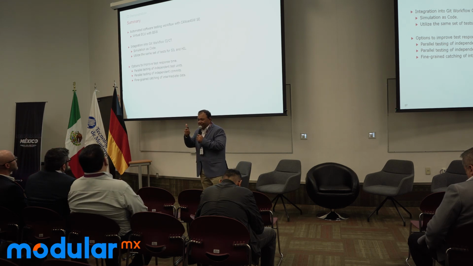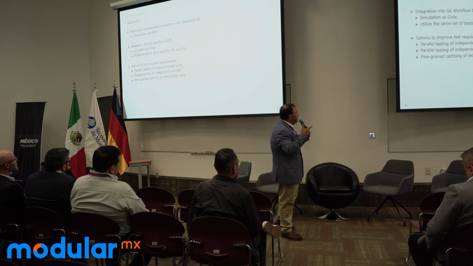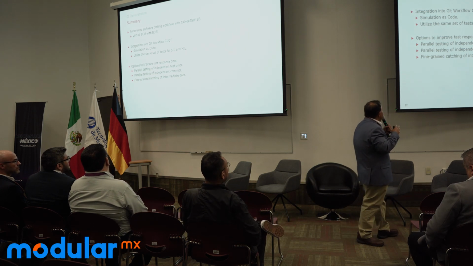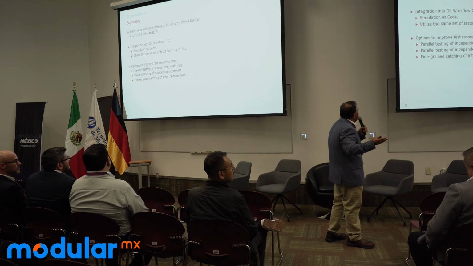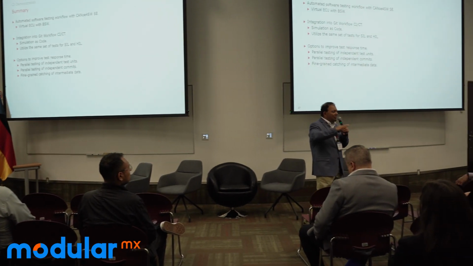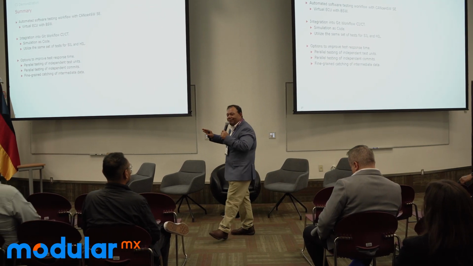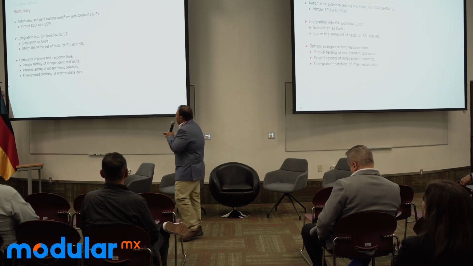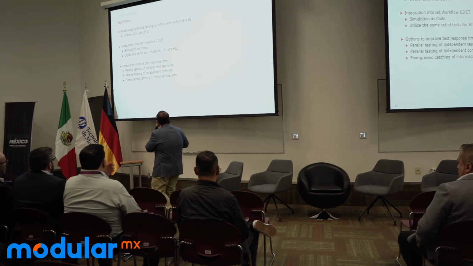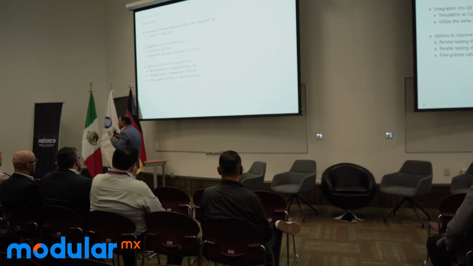It's efficient, and it's really reliable. Like I said, we treat everything as code, we do simulation as code, we utilize the same set of tests at the SIL side as at the HIL side, which is the main advantage that I could tell. And we got the parallel testing, I mentioned it already, independent units.